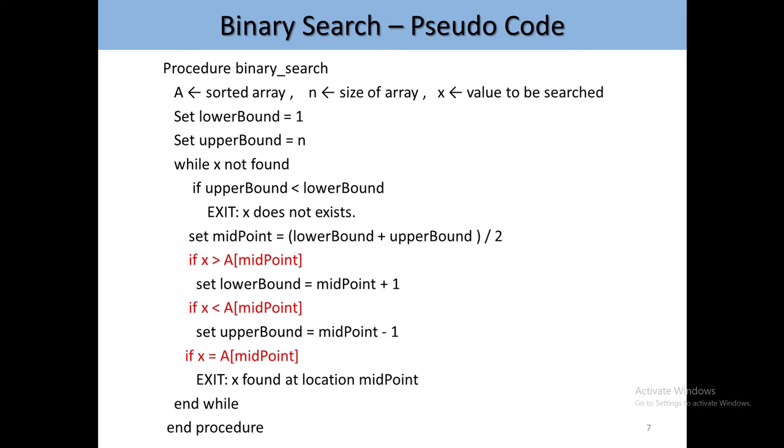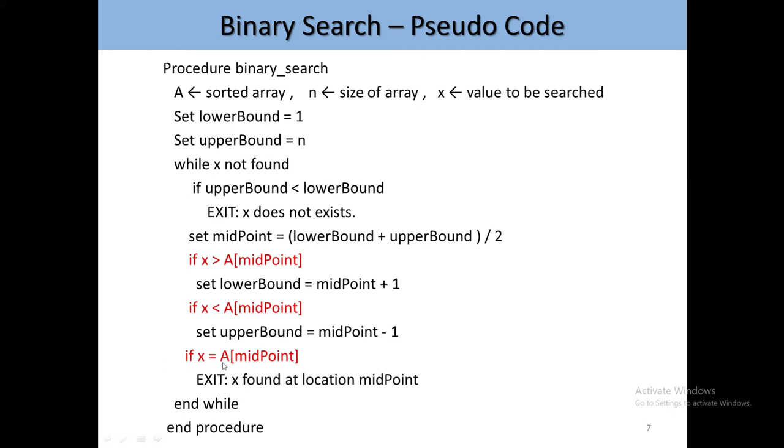Otherwise, if the search element is less than the element stored at A of midpoint, in that case we have to rearrange the upper bound, simply ignoring the second part. So earlier the upper bound was pointing to n, now it will shift to midpoint minus 1.